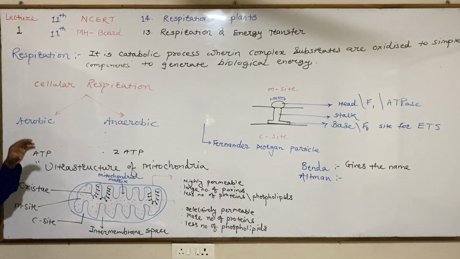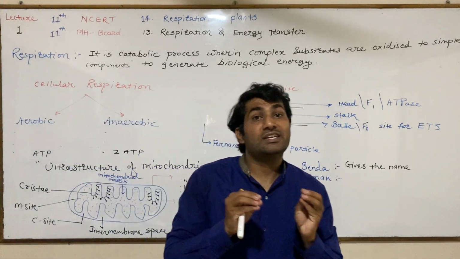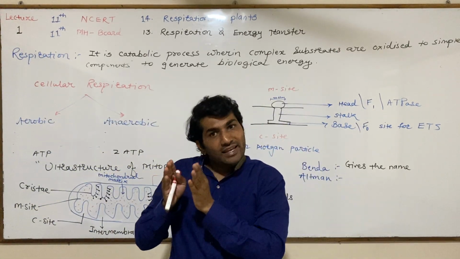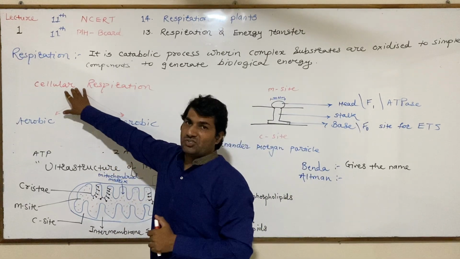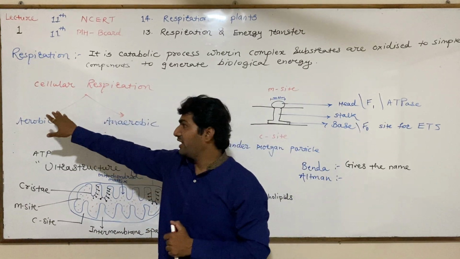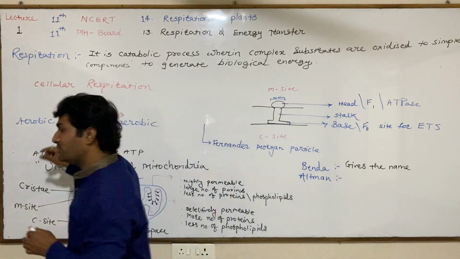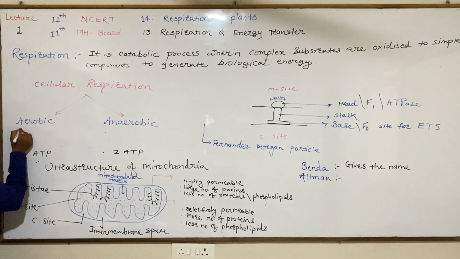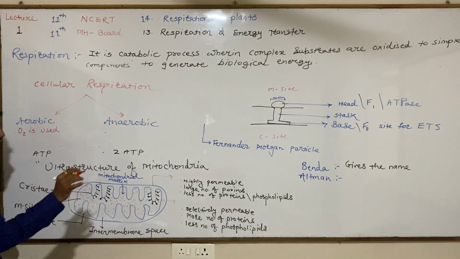So this chapter focuses on cellular respiration. Inside the cell, what happens? Cellular respiration is of two types: aerobic respiration and anaerobic respiration. Aerobic respiration is that in which oxygen is used or involved.